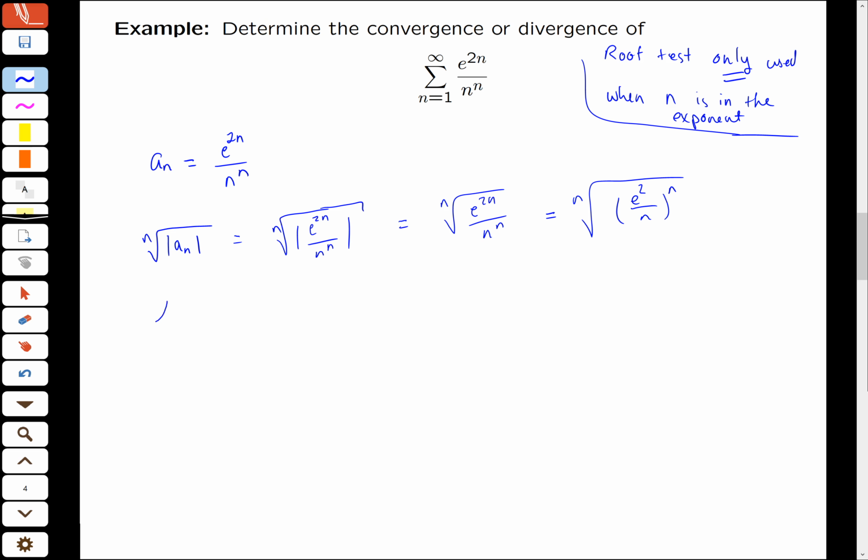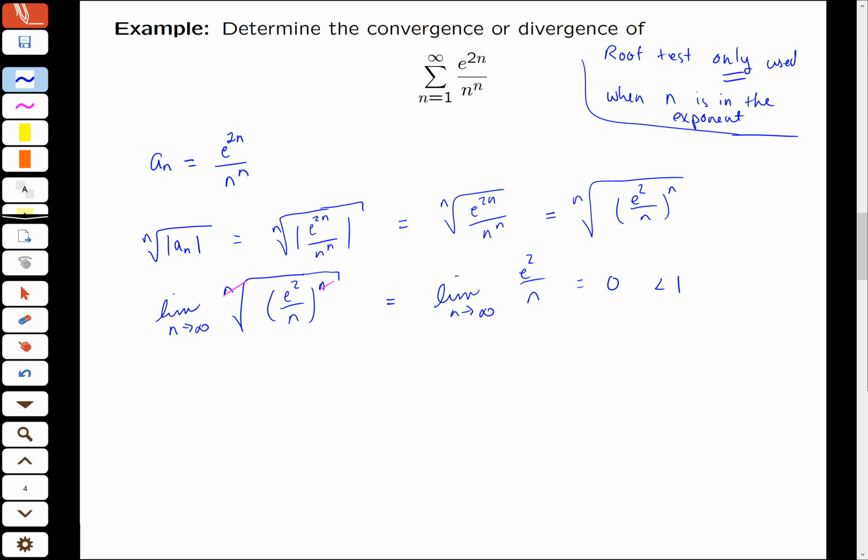Now let's take our limit. Limit as n goes to infinity, the nth root of e squared over n raised to the n power. What happens to the nth root of everything raised to the n power? They cancel. So then we have the limit as n goes to infinity of e squared over n. What is that limit? 0. 0 is less than 1.